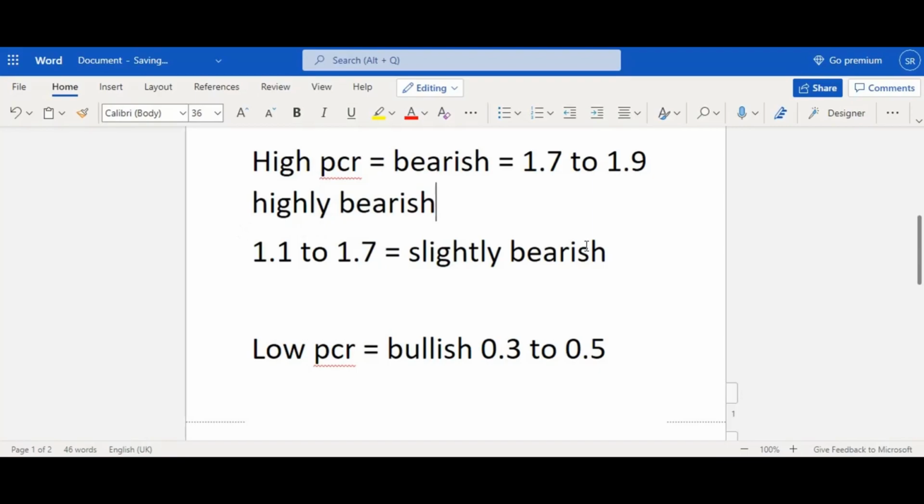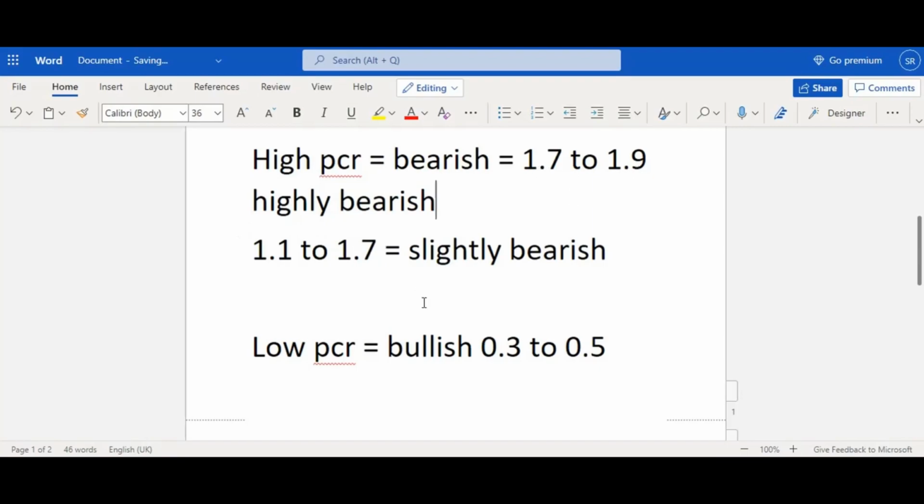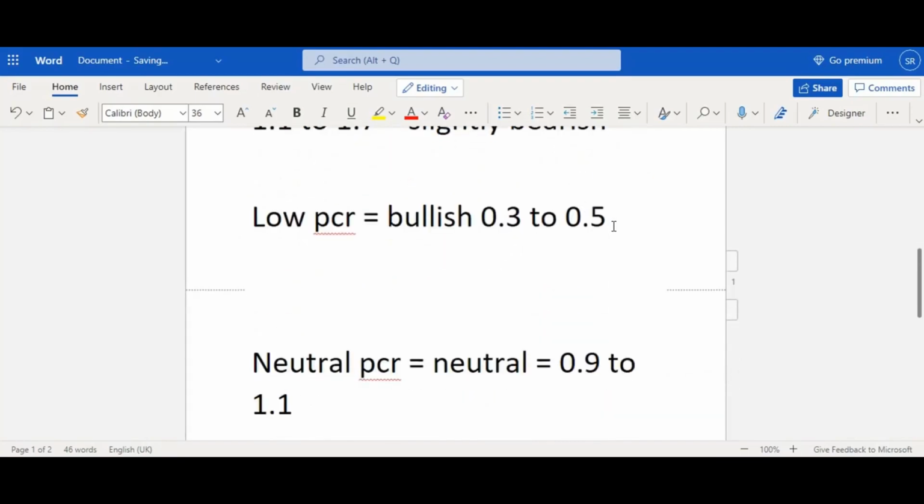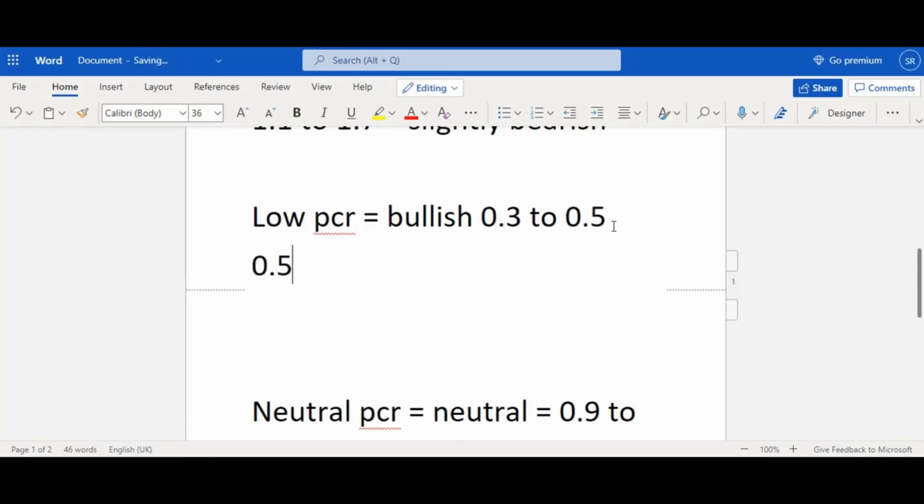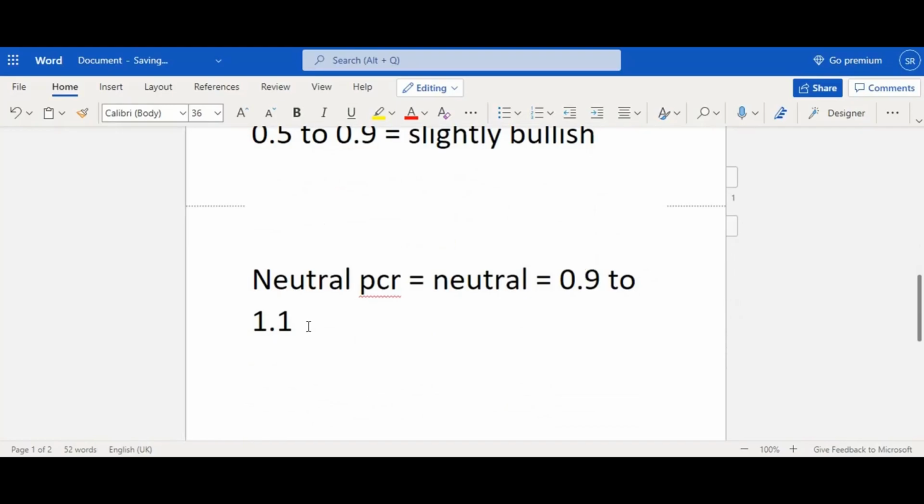And then 0.5 to 0.9, because that is where the neutral zone starts, is again slightly bullish, and 0.9 to 1.1 is neutral.